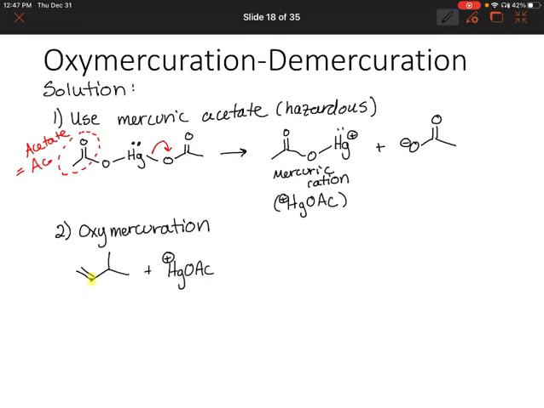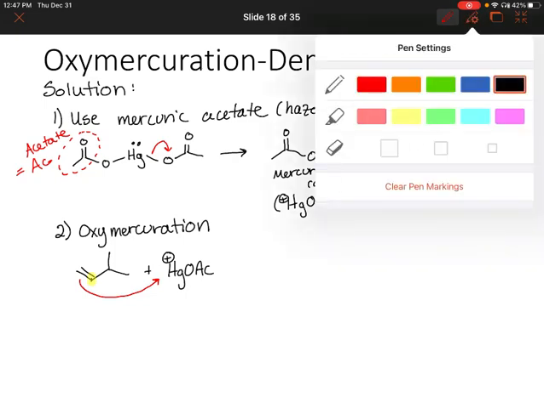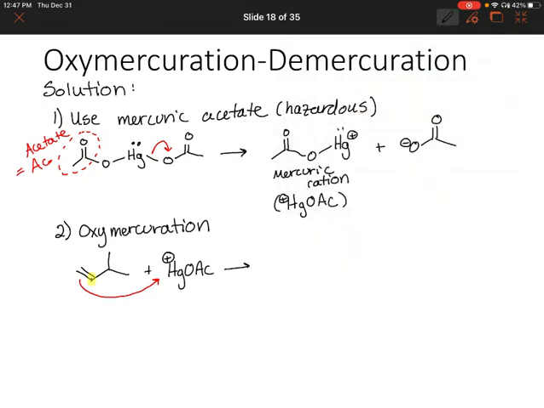All right, so remember, pi bonds can act as nucleophiles. So that's going to come in and attack the positively charged mercury atom. Okay, so we're going to then form something that has a resonance structure.